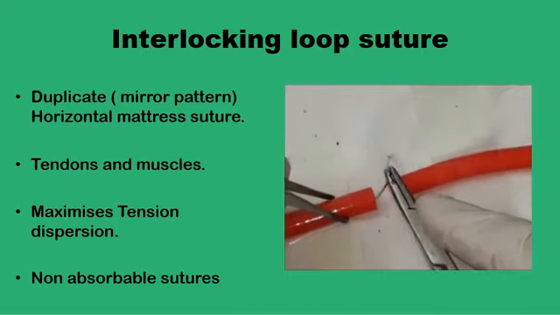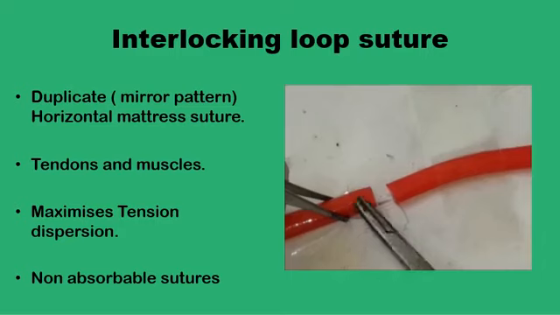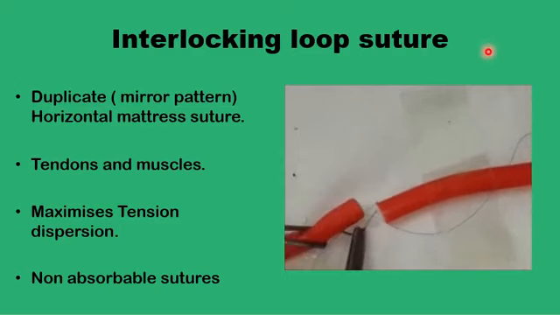And finally, the interlocking loop suture, used for the repair of cut tendons. It's basically two mirror-shaped horizontal matrix sutures, starting from the cut ends of the tendon.